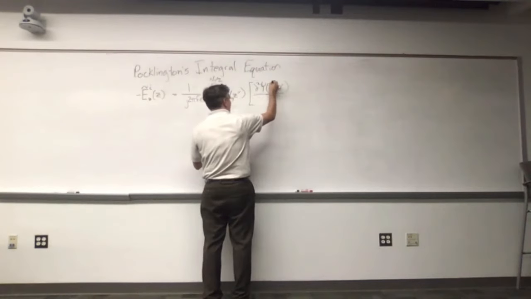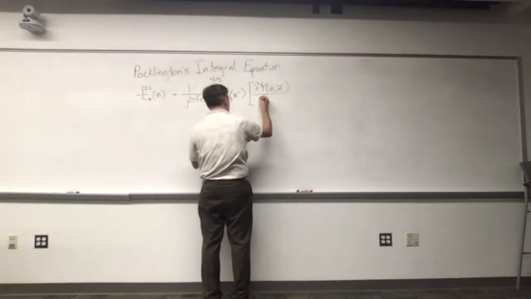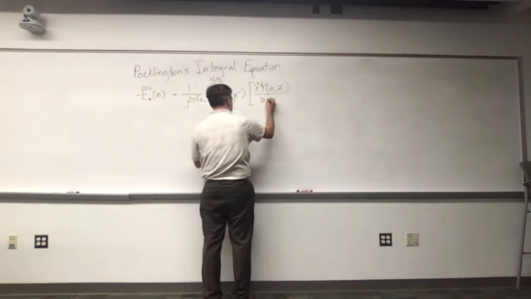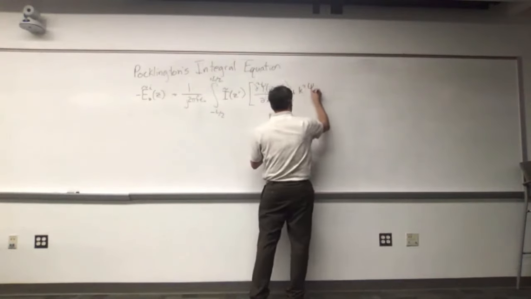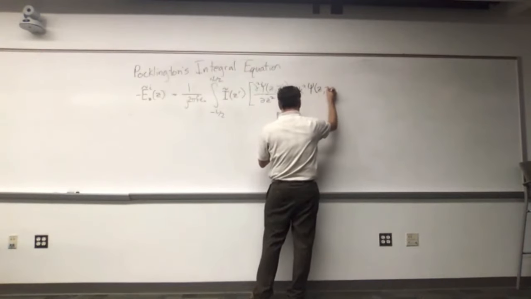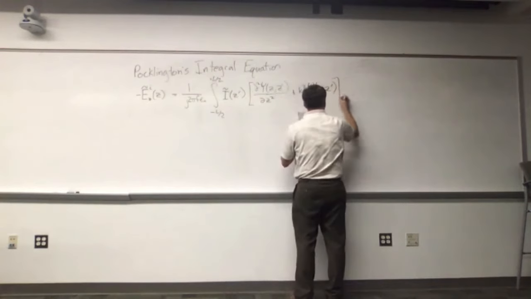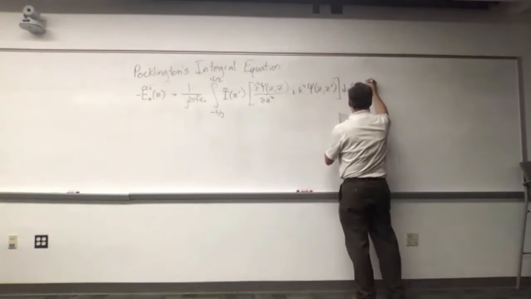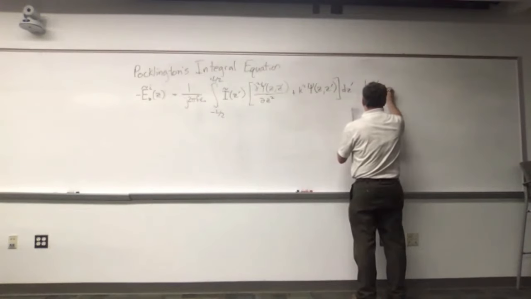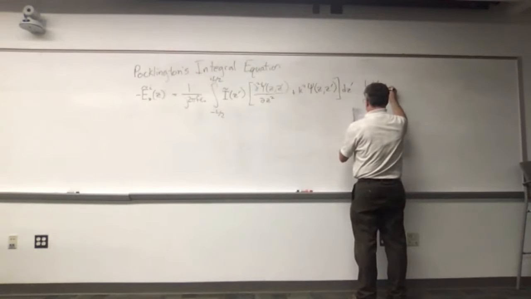Here's my point of observation, here's my variable of integration, like we always do in this class. The partial derivative with respect to z squared plus k squared, psi of z, z prime, dz prime, where psi is just a helper function, e to the minus jkr over 4 pi r.